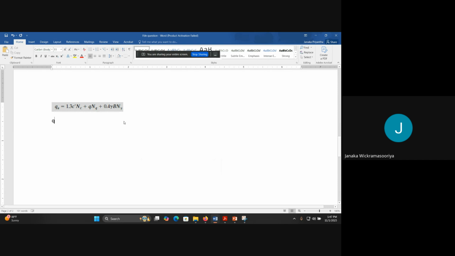So Q ultimate equals 1.3 multiplied by C dash.